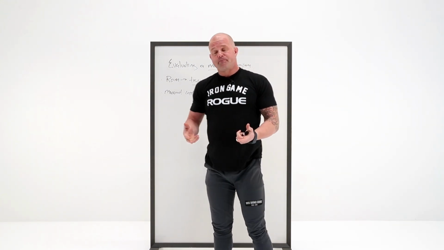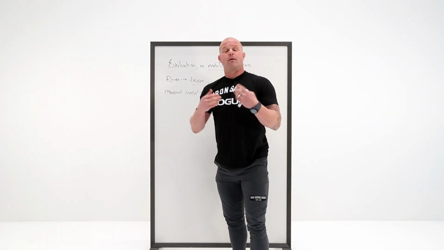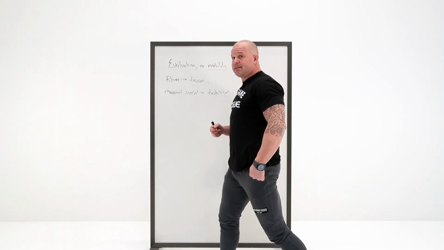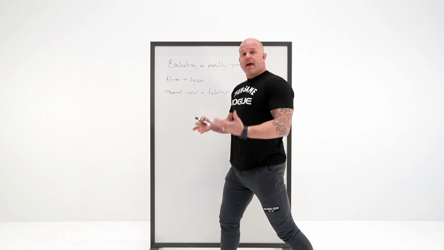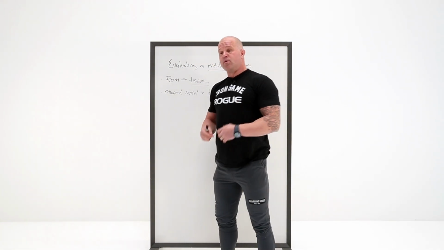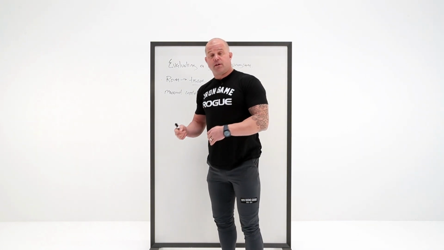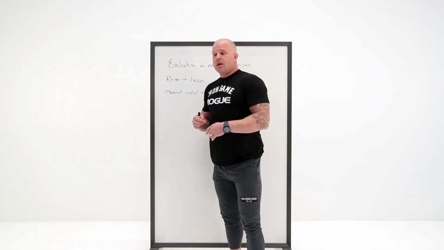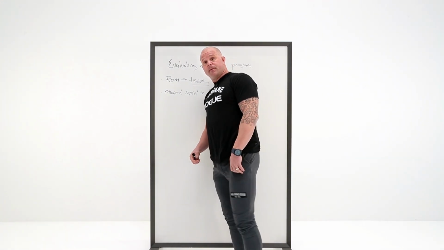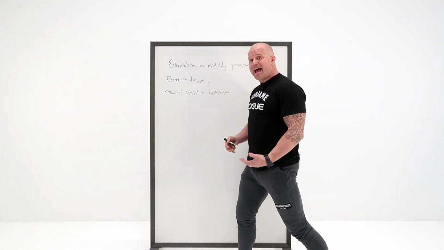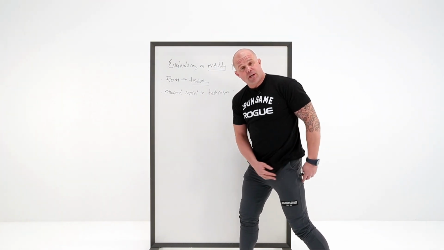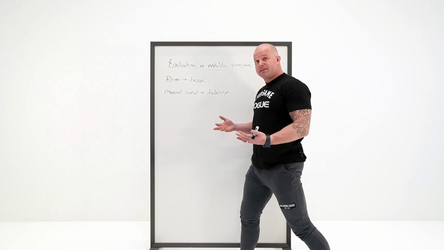For example, if I'm looking at someone's programming and I don't see much hip extension in the program, then it doesn't matter how many excellent range of motion drills, assistance work, movement transfer exercises or corrective exercises I do in flexion, I'm always going to potentially lack the range of motion to take my hip into extension, which is a crucial position.